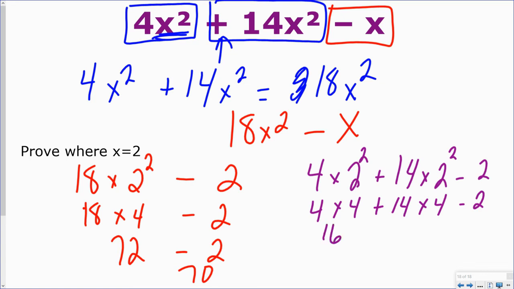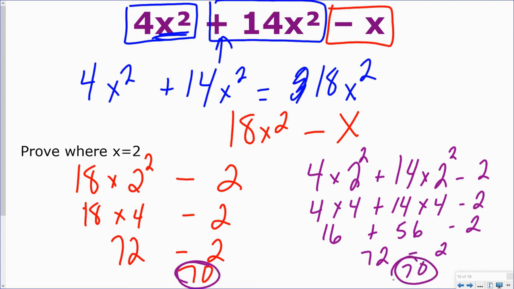This gives me 16 plus 56 minus 2. 72 minus 2 is 70. So again, 70 equals 70. So that means that these two expressions are equivalent.